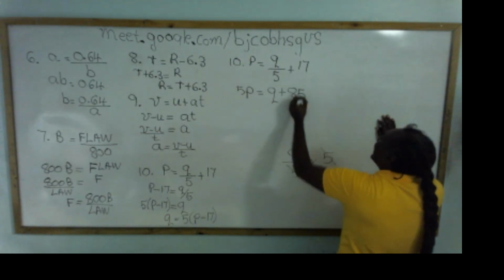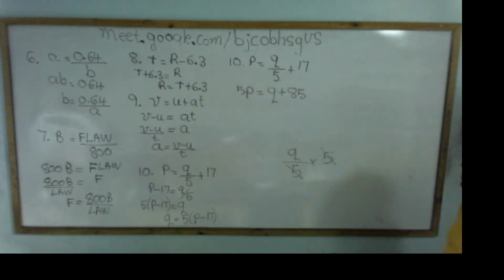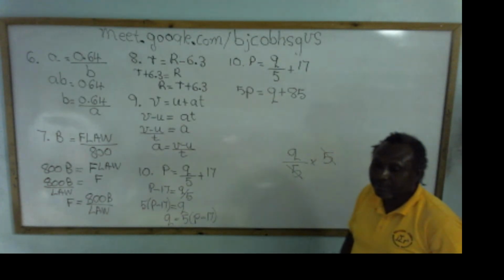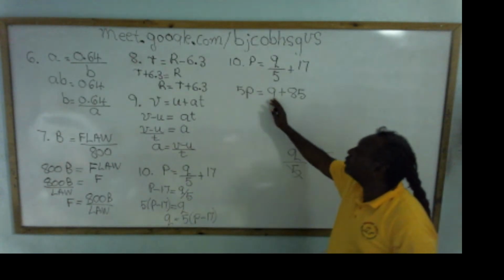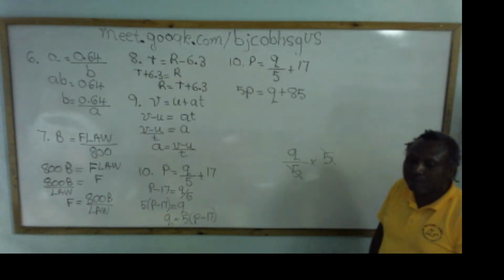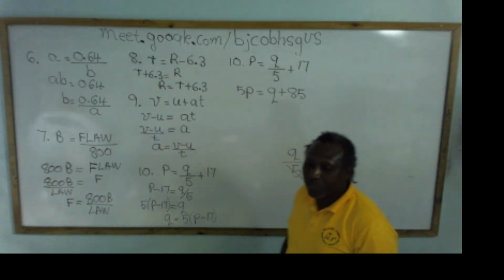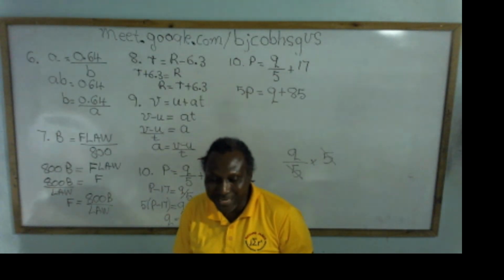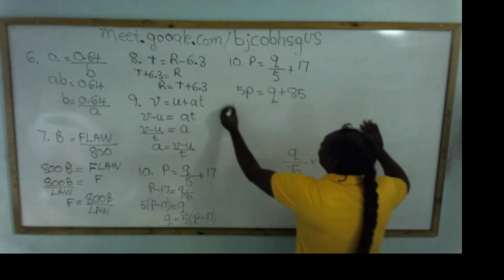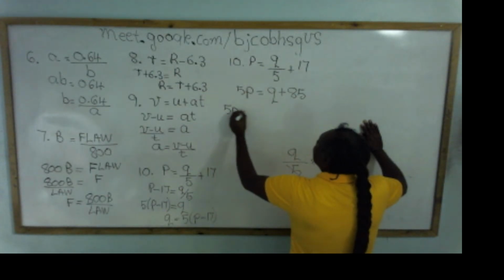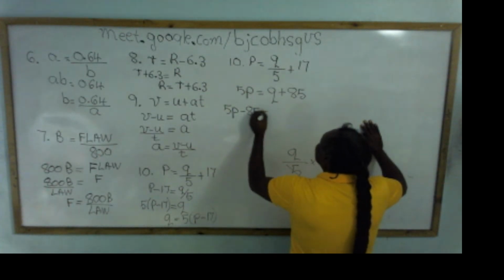So we need to multiply everything by 5, every term and everywhere. Then, of course, accompanying q is 85, right there, that is added. And we will eliminate that 85 that is added by subtracting 85. So we'll have 5p minus 85 is equal to q.